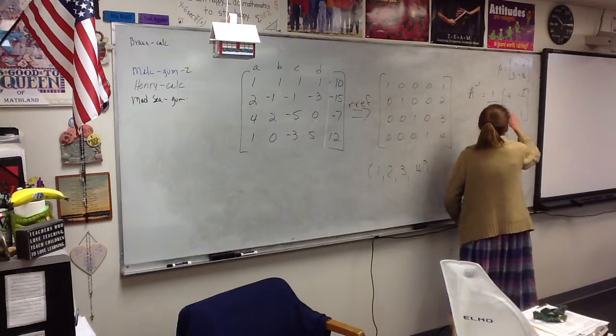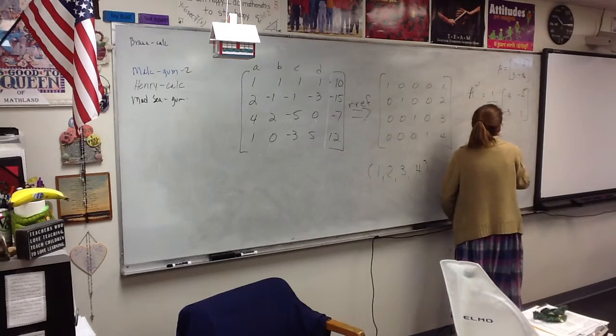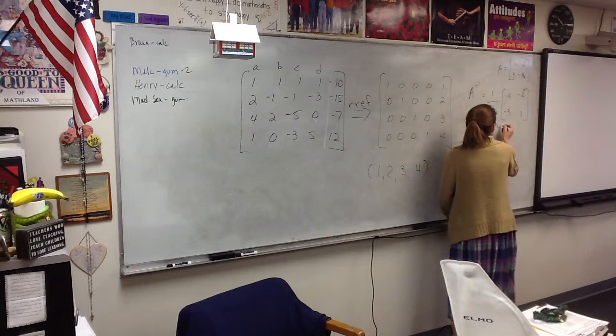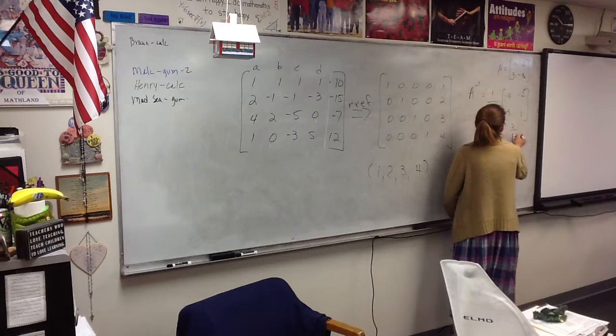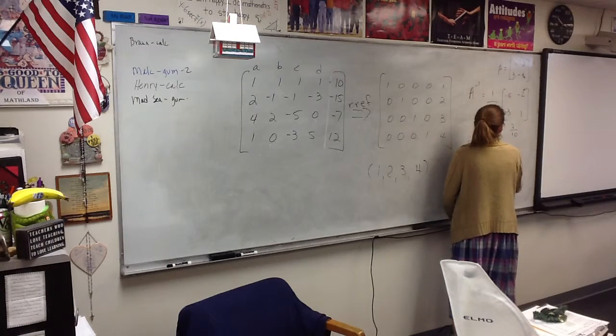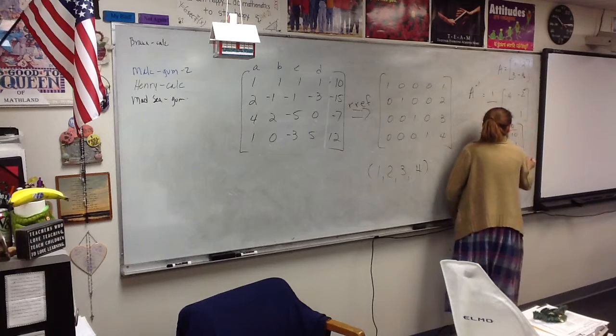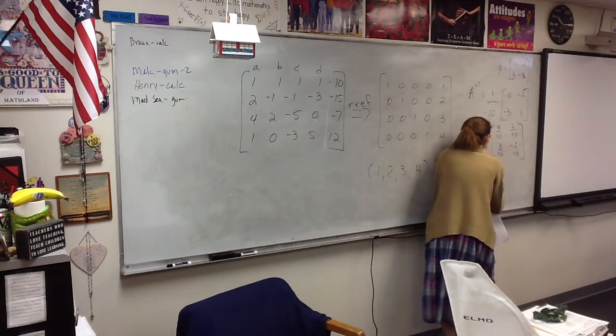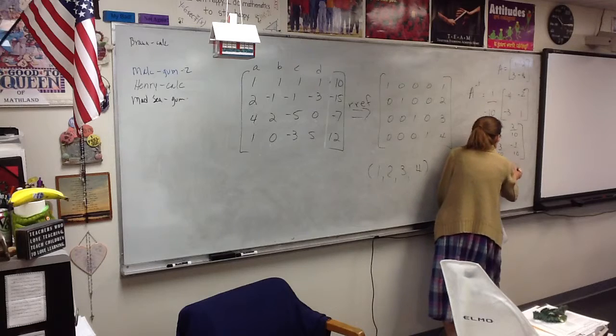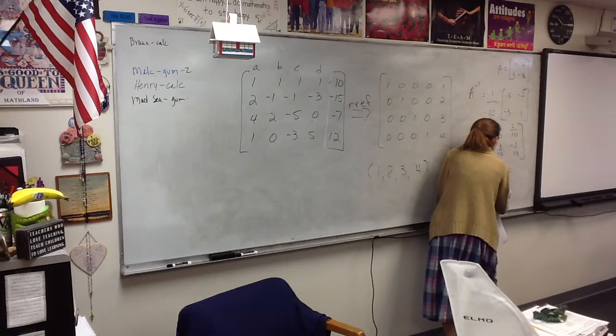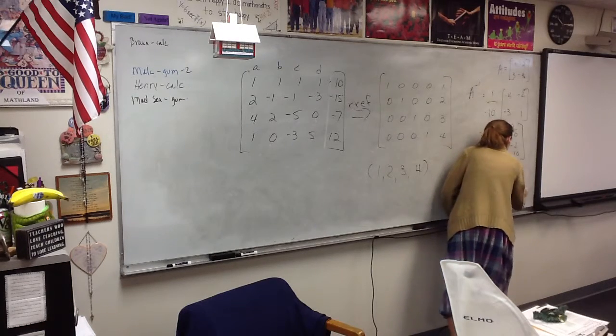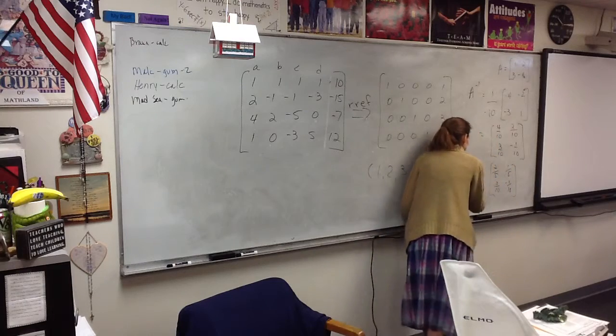Then we simply put all these over the negative 10. So that would give us 4/10, 2/10, 3/10, negative 1/10. And then this one I'll have to reduce. 2/5, 1/5, 3/10, negative 1/10. That is your inverse.